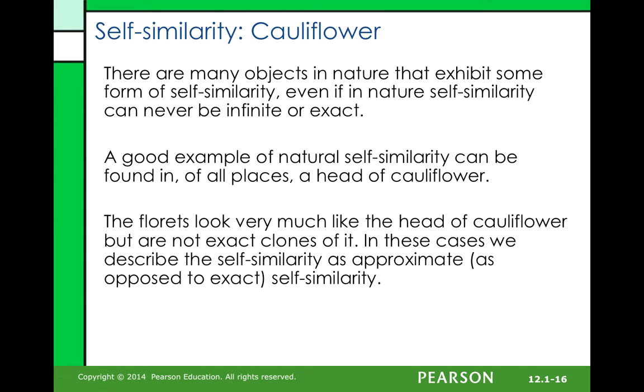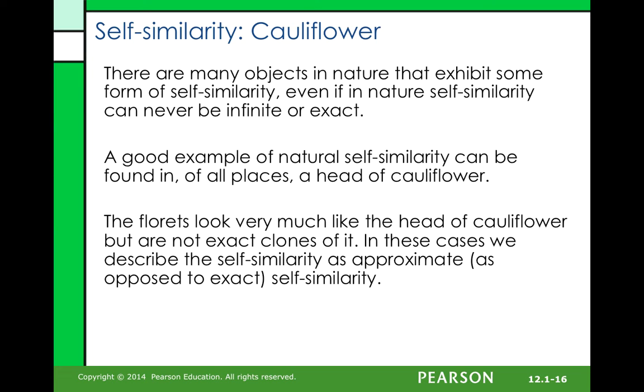So there are many objects in nature that exhibit some form of self-similarity, even if in nature self-similarity can never be infinite. Whatever object you're focusing on in nature, if you zoom in enough, you're just looking at atoms or whatever. So you're not going to see the same thing at every level of magnification.